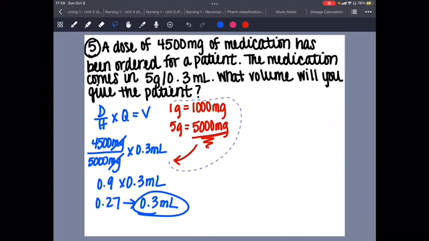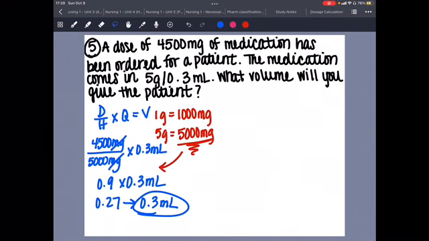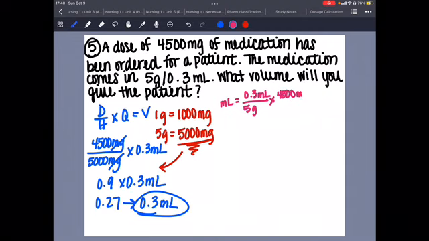If it's okay with y'all, I'm gonna just shift these over just a wee bit because I'm gonna need a little more room. There we go. All right, so we got milligram over ml. So 0.3 ml over 5 grams times 4,500 milligrams over 1.